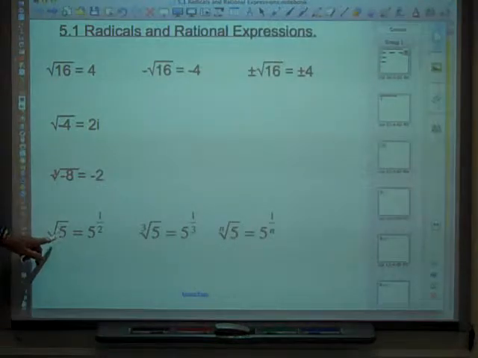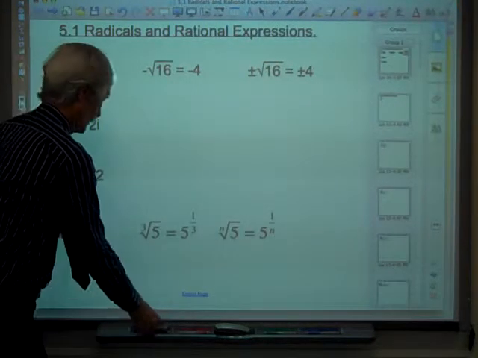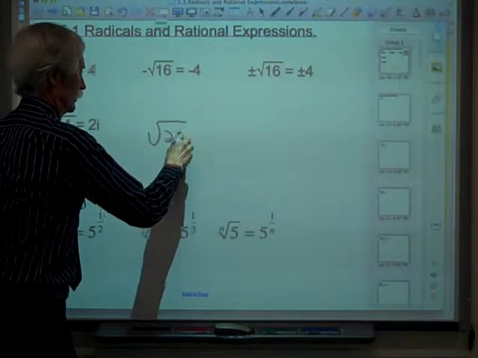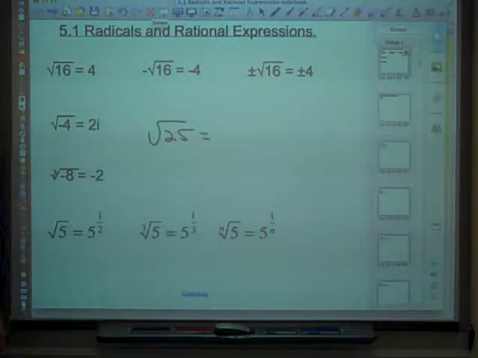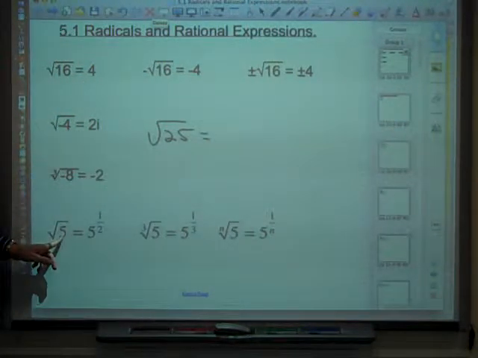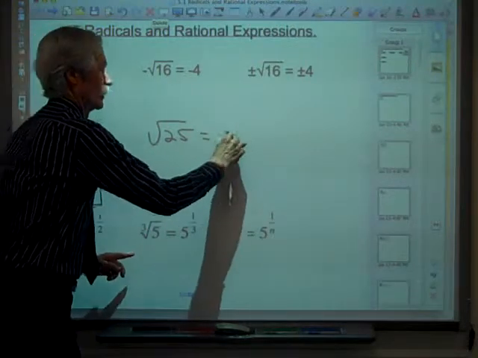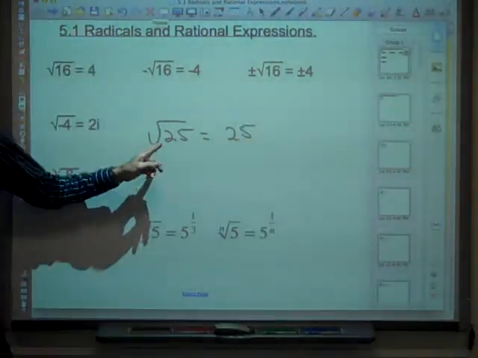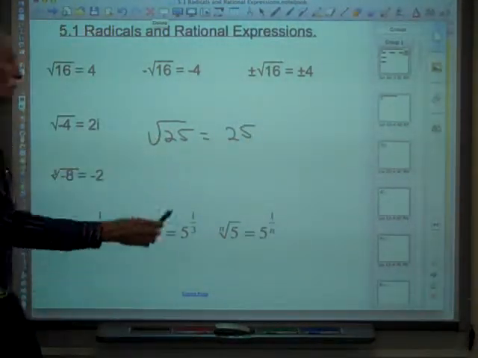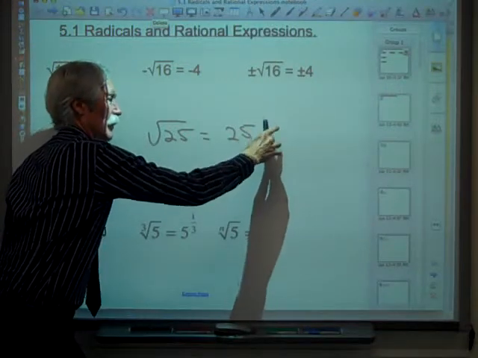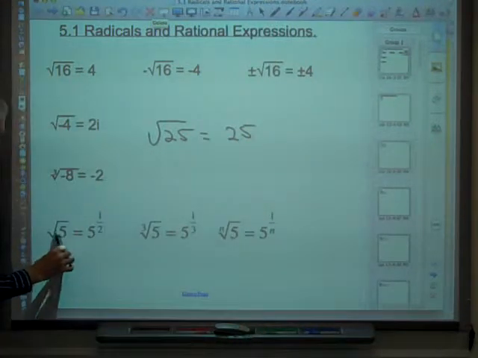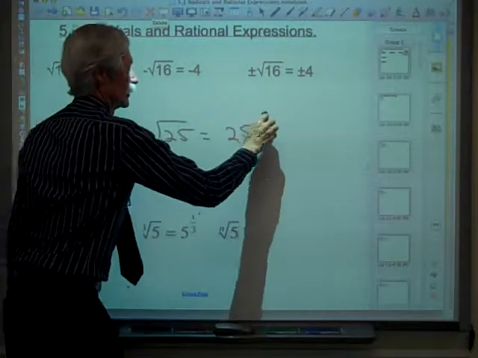If you take your calculator, what am I saying here? The square root of 25. What power do you write for a square root? Square root is power 1/2.